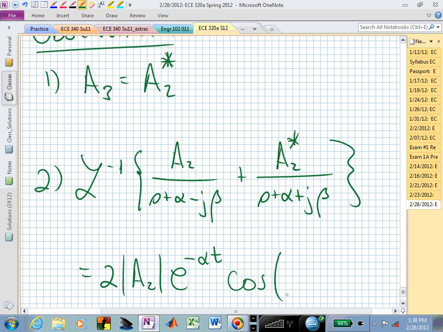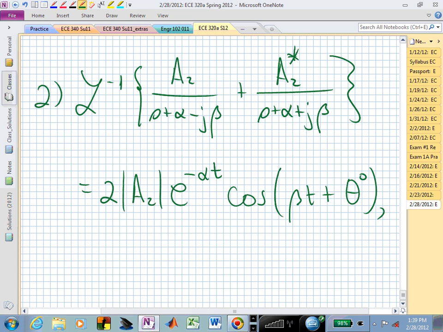What's the frequency, that's the damped frequency of that cosine? Beta. And it now is going to be offset by an angle theta, where A sub 2 is this magnitude A sub 2 at an angle of theta degrees.